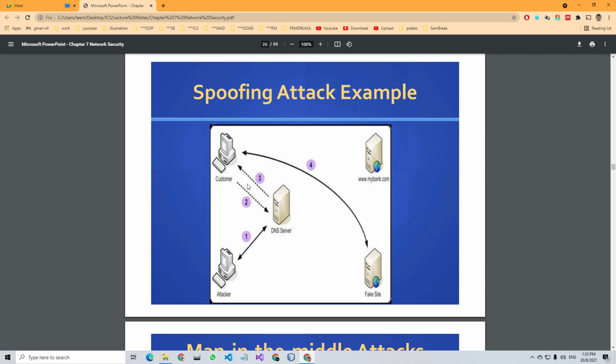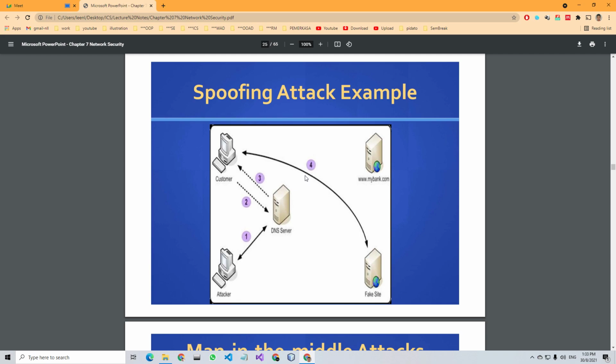Here you see a customer, an attacker, and a DNS server. Suppose the customer wants www.mybank.com, but unfortunately is directed to a fake site. What does this mean?